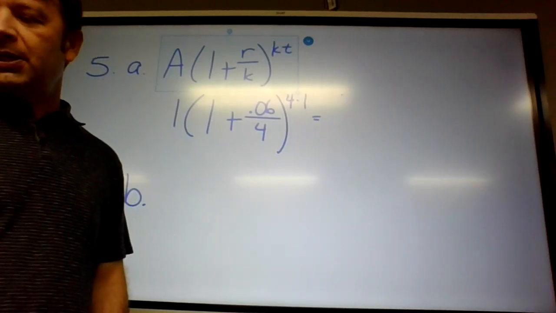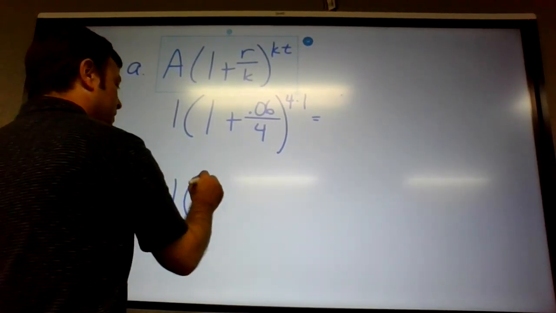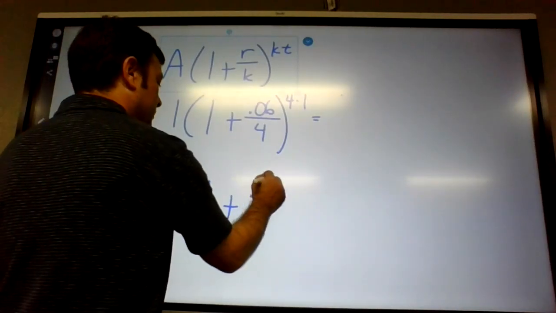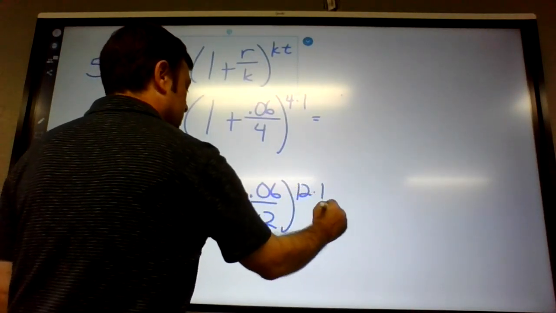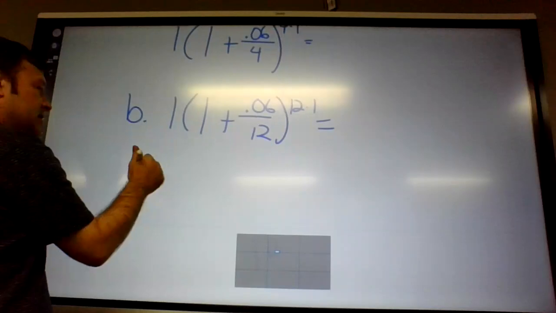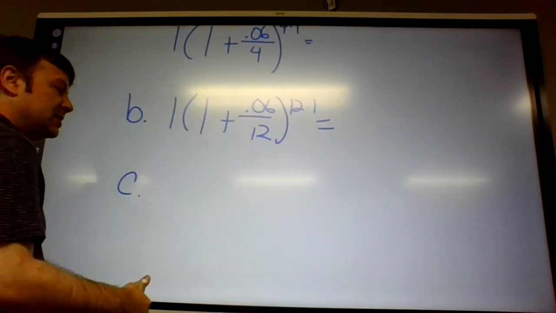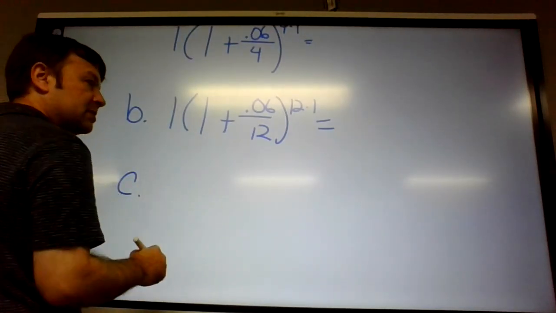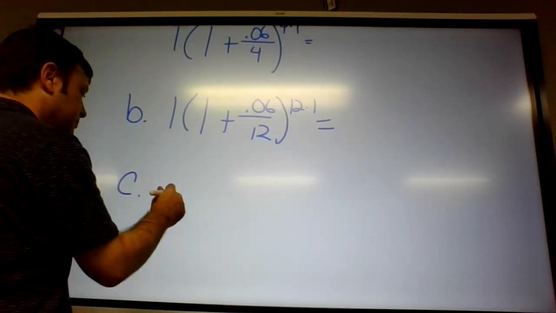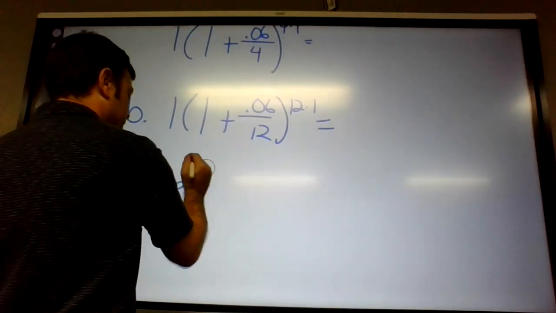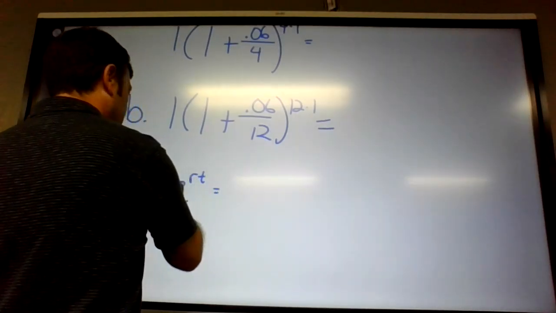Oh, yeah. Okay, so on B, it's monthly, so you do the same thing, but for the k, you're going to put in a 12. And then C is the continuous interest, which is the A e to the r t thing.